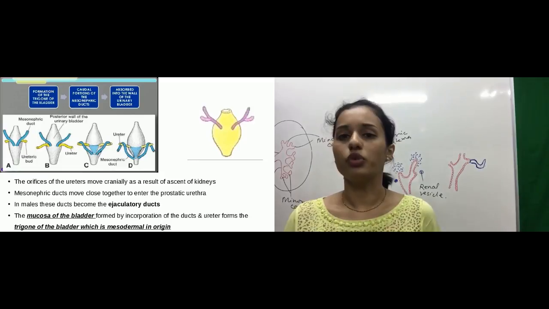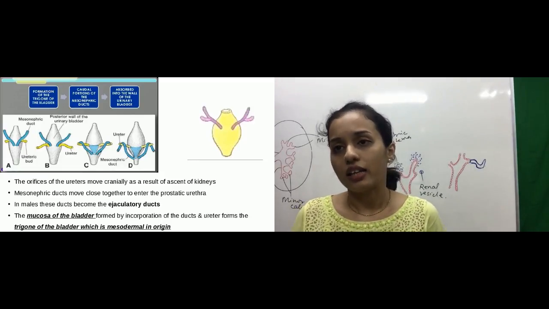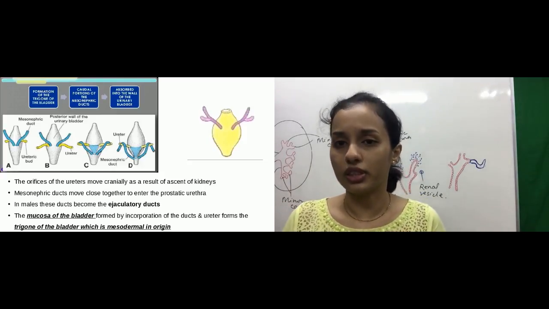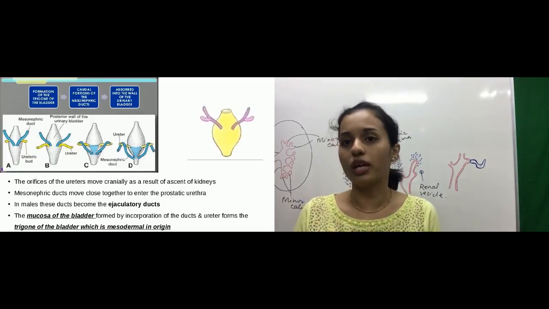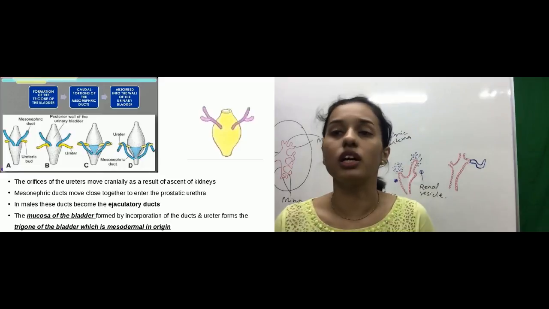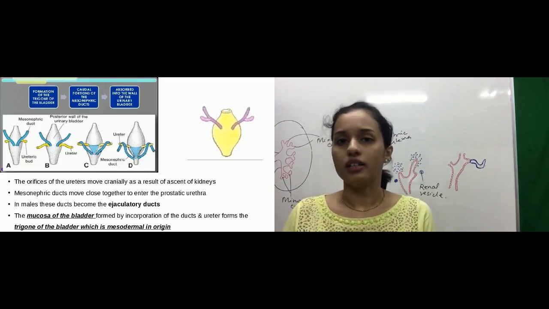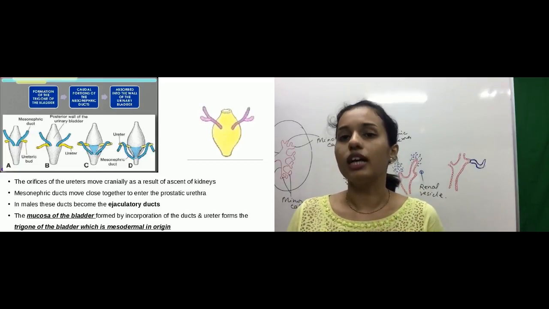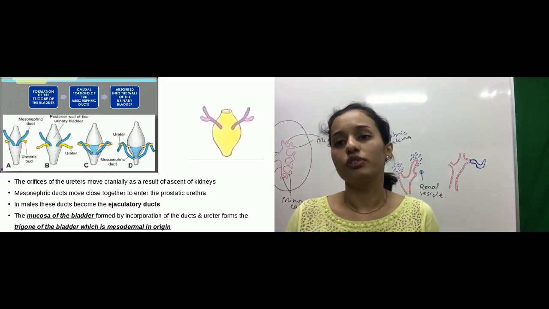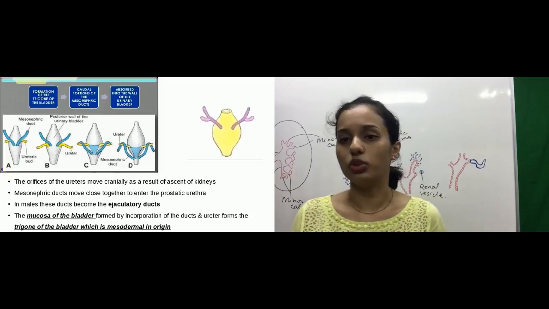Right now, remember that the ureteric orifices separate out and move a little cranially due to the ascent of the kidney. The mesonephric ducts move close together to enter the prostatic urethra, which develops from the middle, pelvic part of the urogenital sinus. The terminal part of the duct will form the ejaculatory duct, and most of the mesonephric ducts are absorbed and form the trigone of the bladder, which is mesodermal in origin.